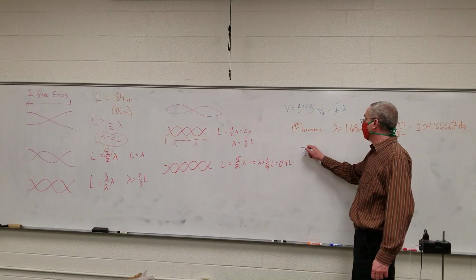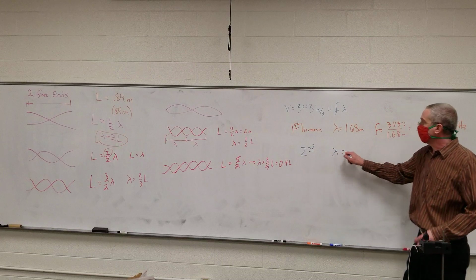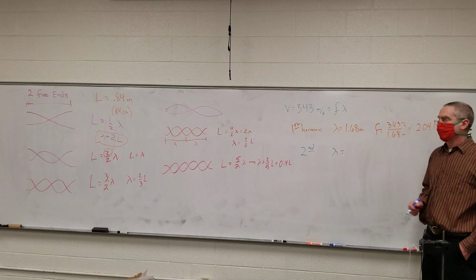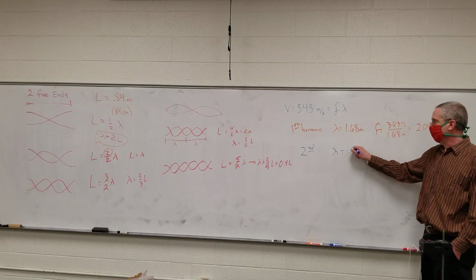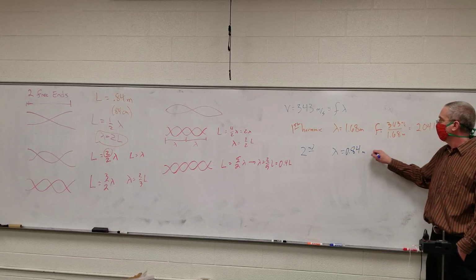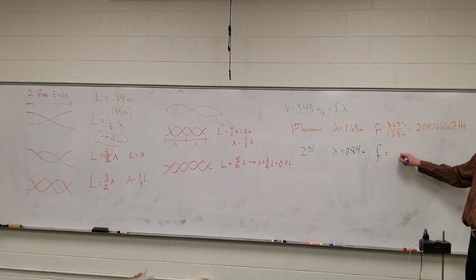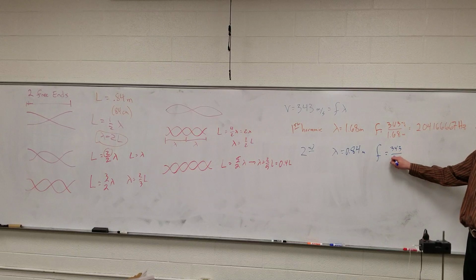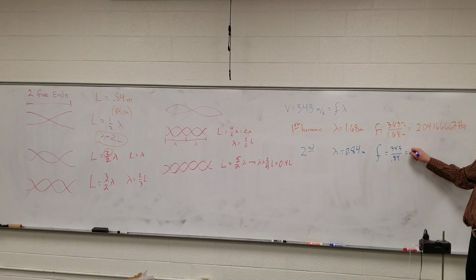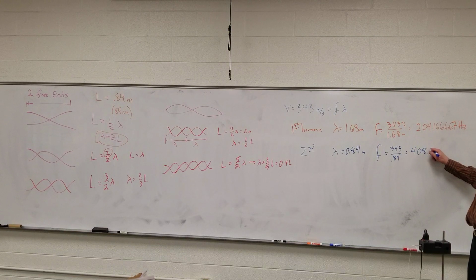So the second harmonic, what is the wavelength? 0.84. Yep. So the frequency would be 343 divided by 0.84, which is 408.3 repeating.